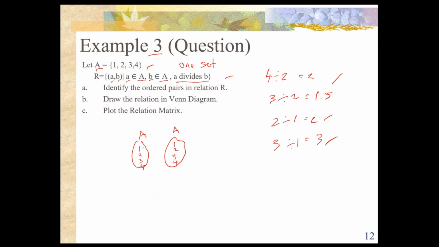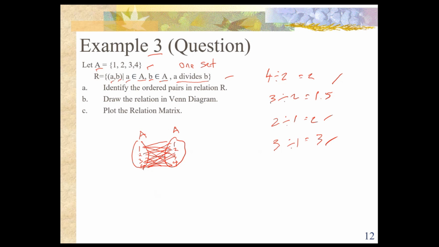You take the first element of A, you check against all the elements in the second set A, and then you repeat the same for all other elements of the domain set.